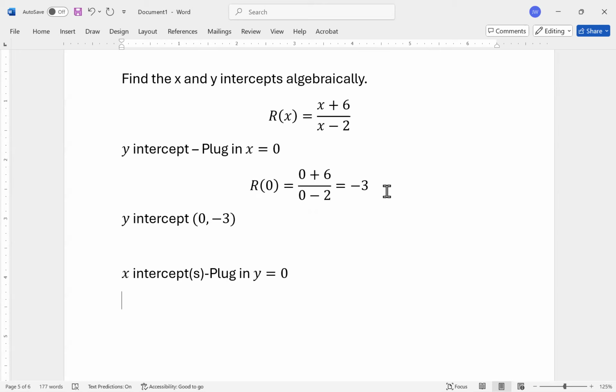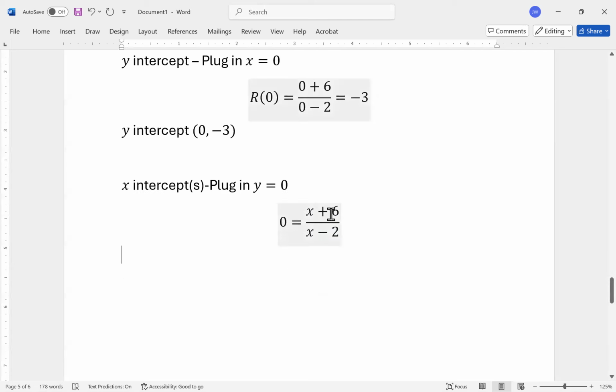For my x-intercept, or maybe I'll have multiple x-intercepts in some case, I'll plug in a 0 for my y value. And just like I was saying before, x plus 6 over x minus 2 being 0 means that the numerator has to be 0 and the denominator can't be 0 at the same time. So 0 is equal to x plus 6.